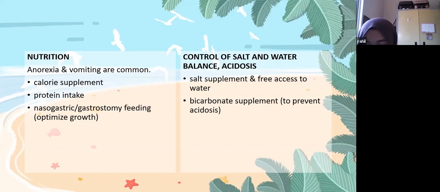In these patients, we need to give salt supplements and free access to water. According to Nelson, fluid restriction is rarely necessary for children with CKD, but if end-stage renal failure develops, we need to give restriction. And then for bicarbonate, it is the same as AKI, as we need to treat the metabolic acidosis.